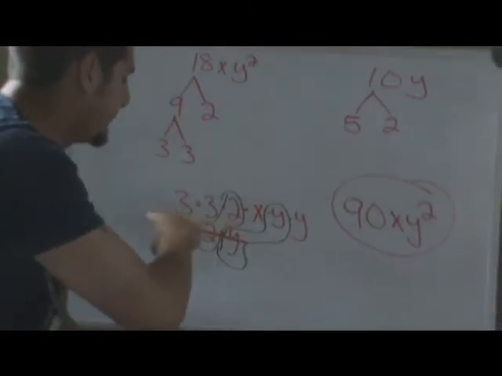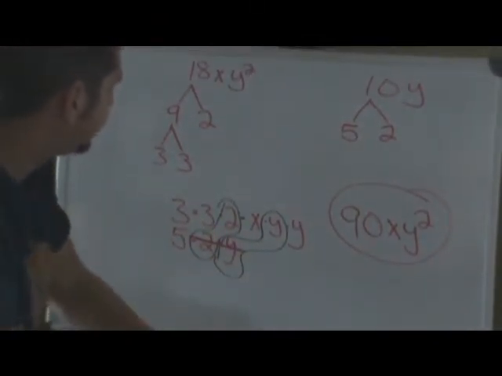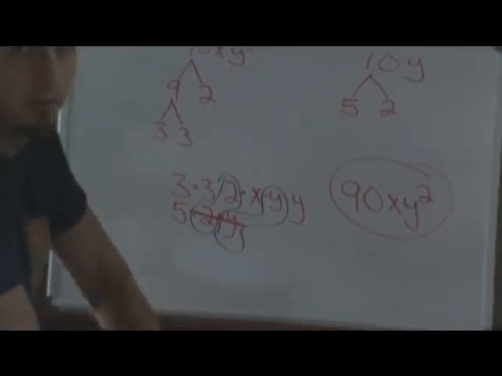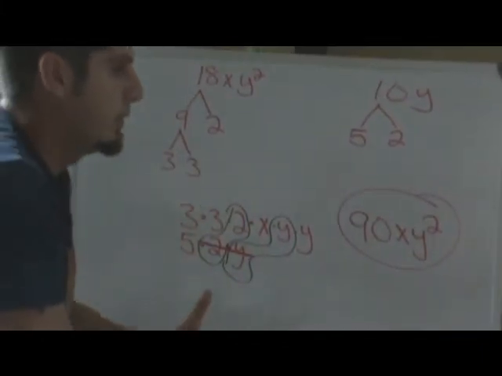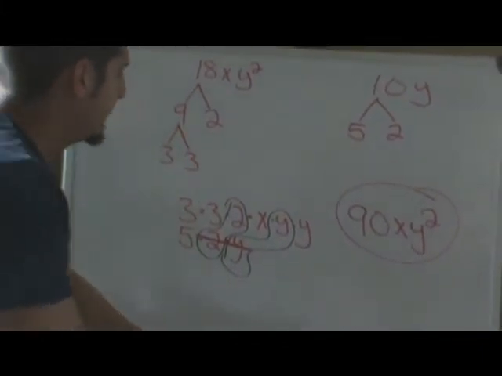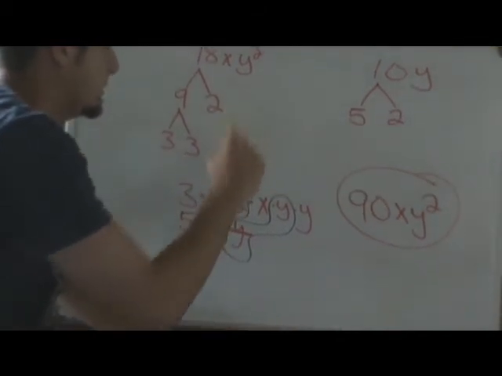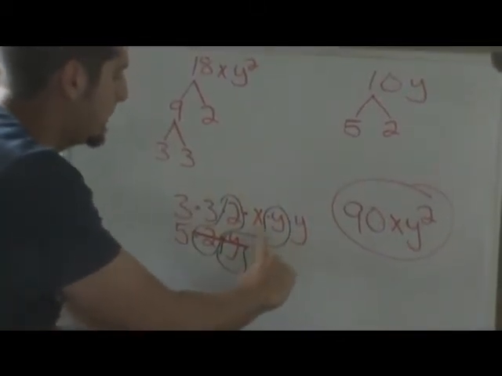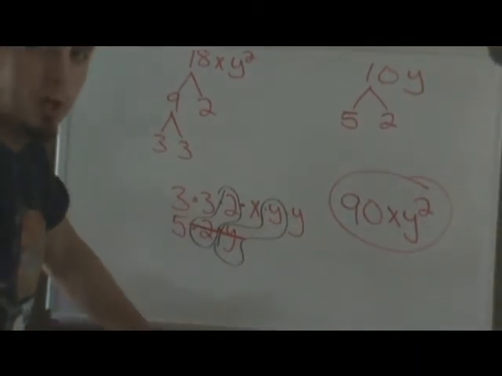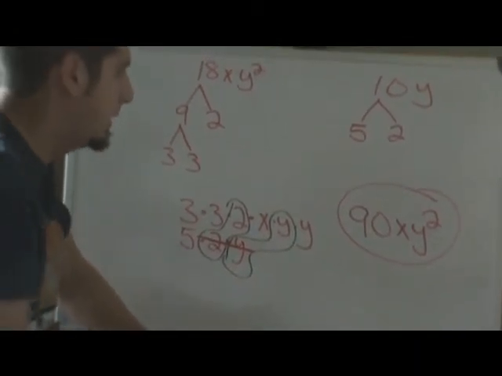The only difference in finding LCM of monomials compared to finding LCM of numbers is that with the variables, we had to write them out in the prime factorization. We didn't really have to do a whole lot with them. We just wrote them out.